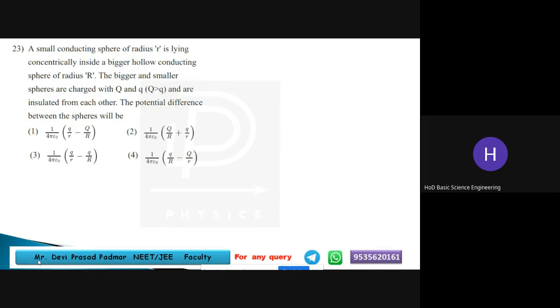It's like the Van de Graaff generator concept. So you have to consider two spheres.